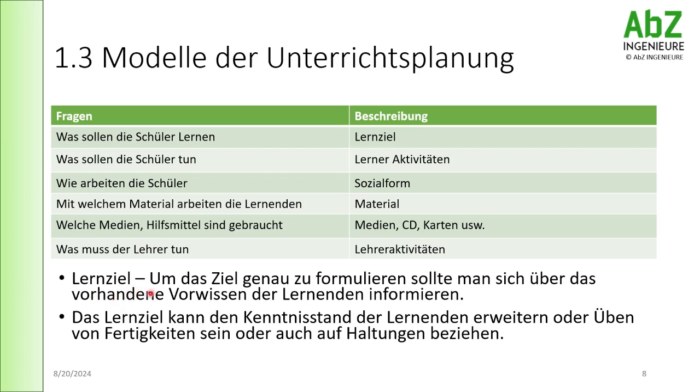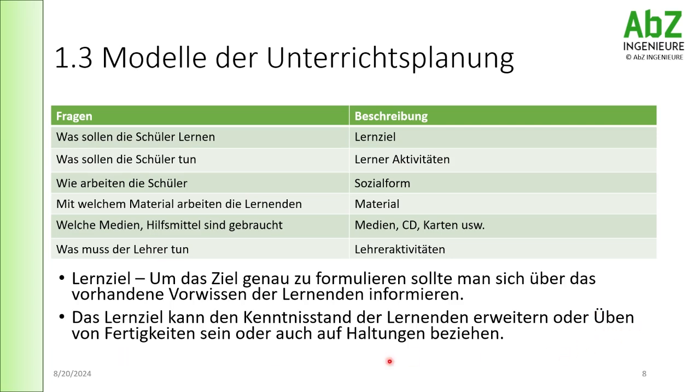Now Lernziel. To formulate the Lernziel correctly, you must basically think about what the students already know. This is basically a part of the Vorwissensaktivierung. Once you know that, all you have to do is extend the already known information to a new level, and to do that you need to do some activities.